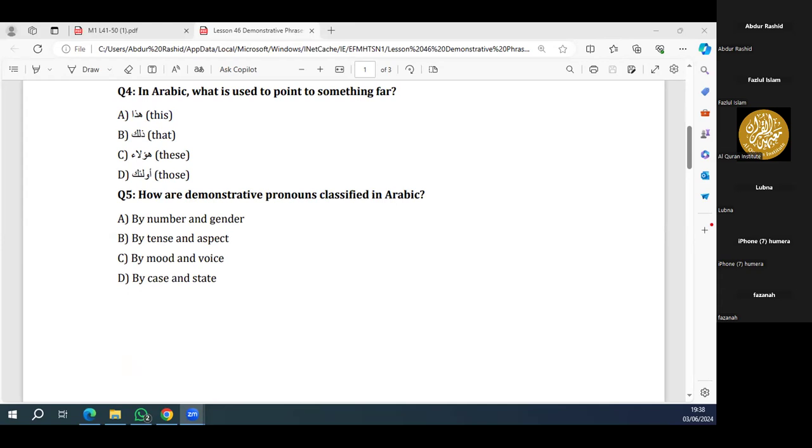Question number 5. How are demonstrative pronouns classified in Arabic? A, by number and gender. B, by tense and aspect. C, by mood and voice. D, by case and state. I think we've got a bit of a mixture. Let everybody answer.